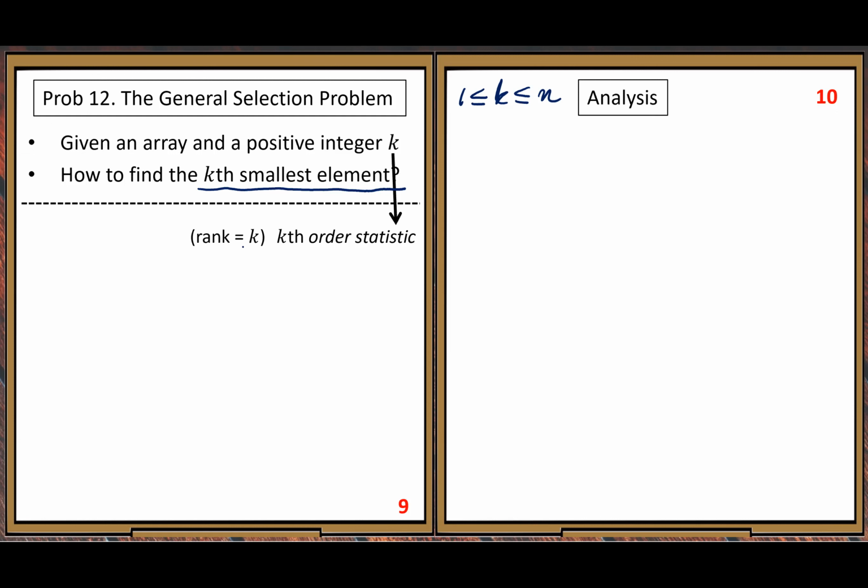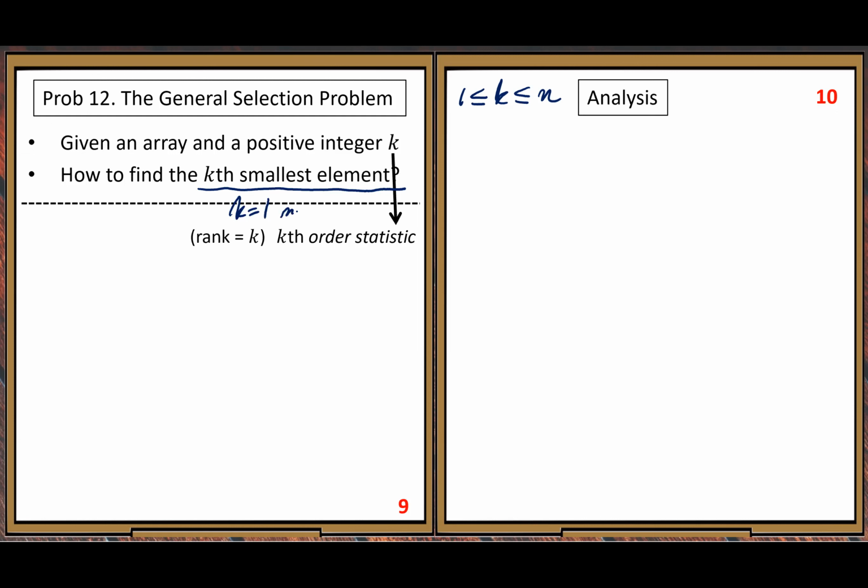And the solution for this problem is very complicated, so here I do not go through the whole solution. I just give you some useful background information for questions like this. We did one for k equals 1, right?